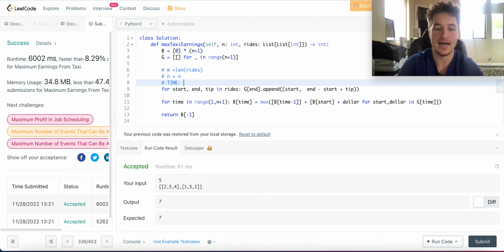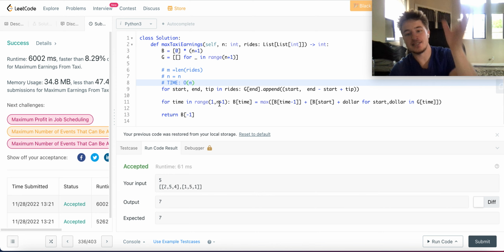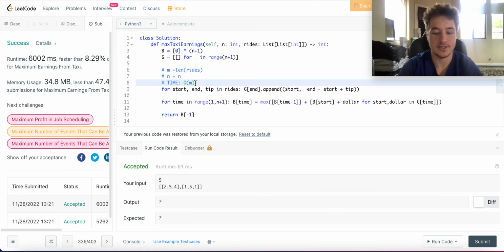So in terms of time, this is going to be O of m at least, because we have to look at each of the m rides. And then we have to loop through n spots to check what's the best at each spot of land. So that's O of m plus O of n, so that's O of m plus n.